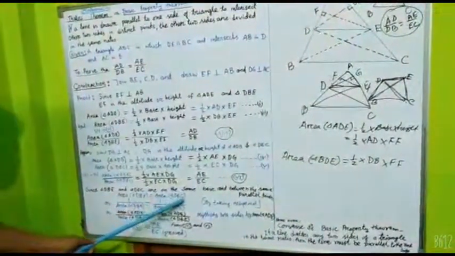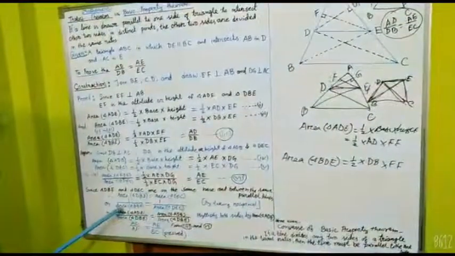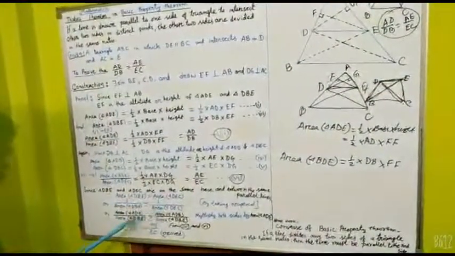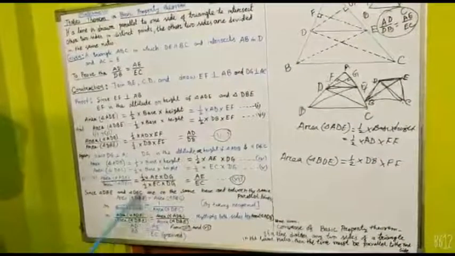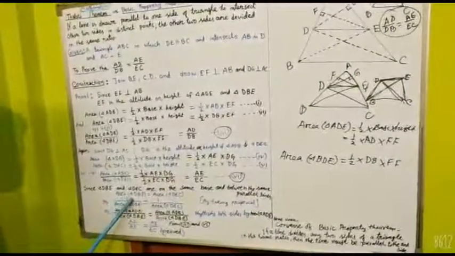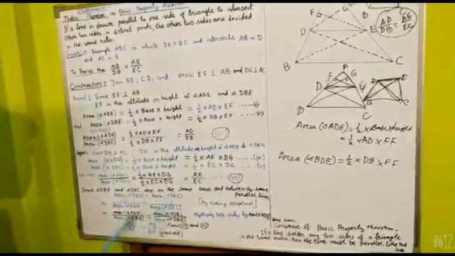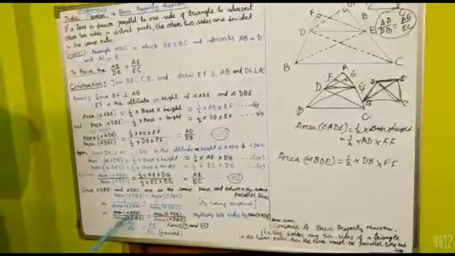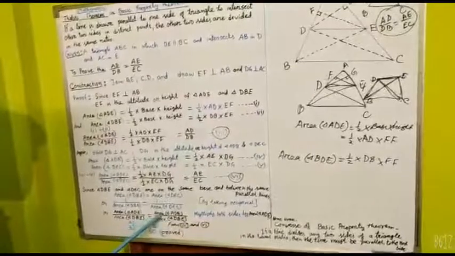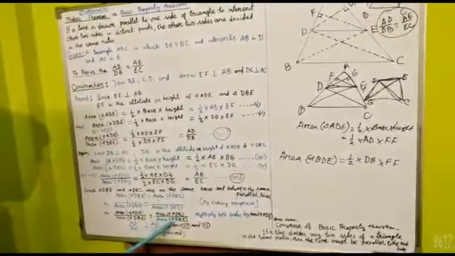By taking the reciprocal, that is 1 by this one, 1 by this one, and multiplying both sides by the area of triangle ADE, we get the area of triangle ADE by the area of triangle DBE is equal to the area of triangle ADE by the area of triangle DEC.